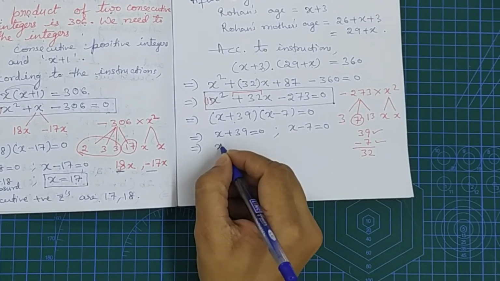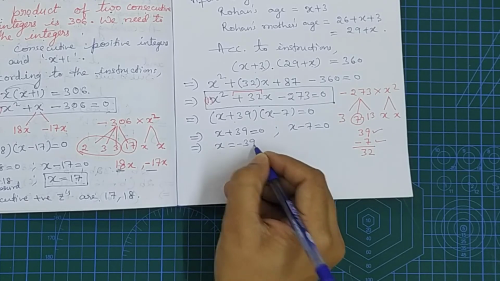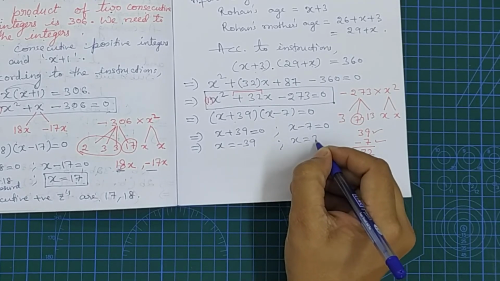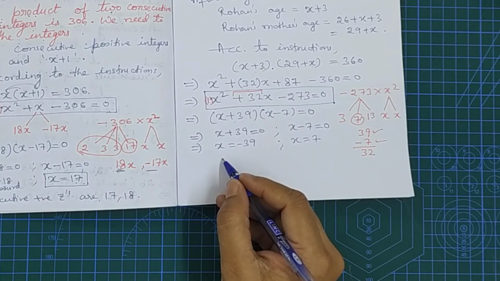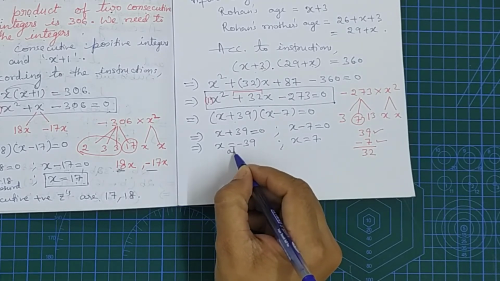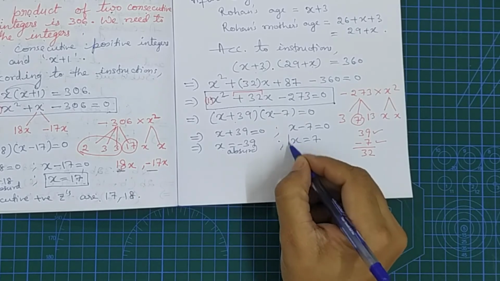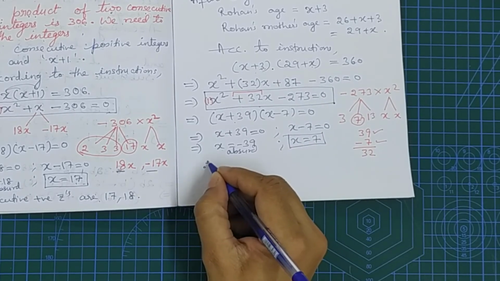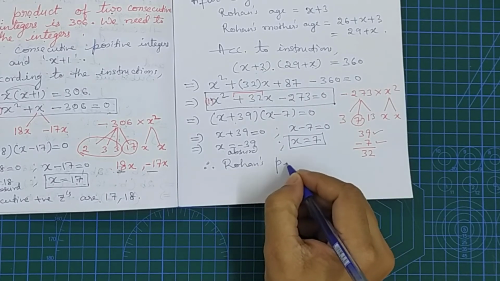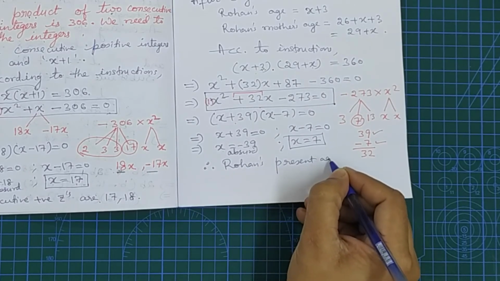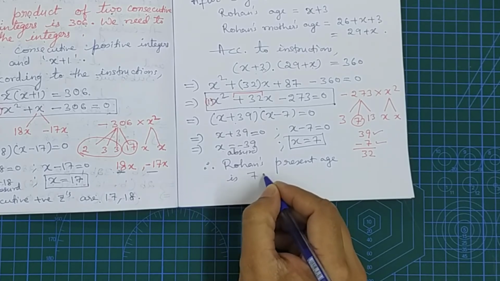So this will fetch us x as minus 39 and here x as 7. Now since x is Rohan's present age, it can't be negative, so this is absurd. So this turns out to be the answer. Therefore Rohan's present age is 7 years.